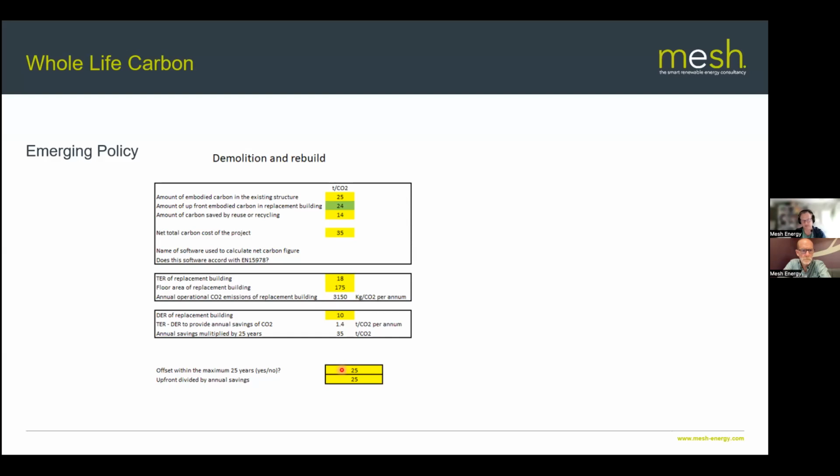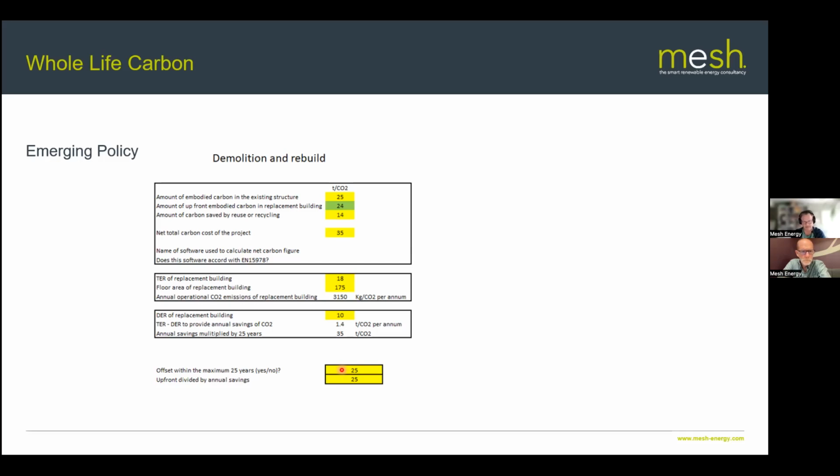So, for example, we know it's just a mock-up, but if we've got about a 45% reduction in energy use, and we know the embodied carbon and how we can determine from the analysis of the existing structure how much material can be reused or recycled, then we can use it to say, right, the limit of your upfront embodied carbon in your replacement building is X. And so part of our design process is then to model the proposed design and do, if you want, stress analysis on the choice of materials included in the design and look at alternative materials that might bring down that global warming potential.